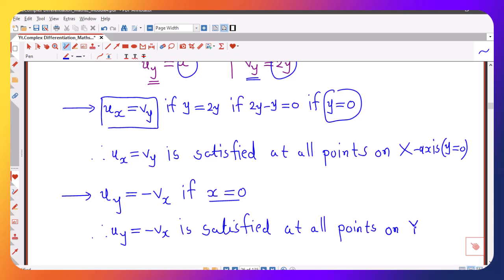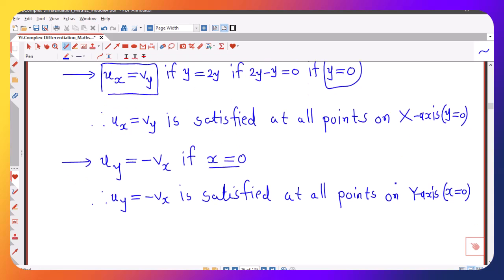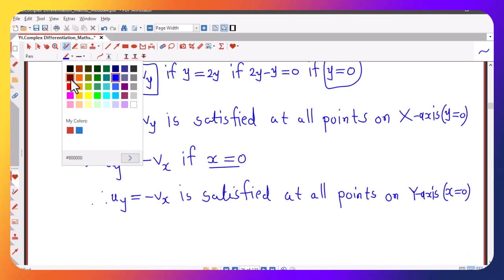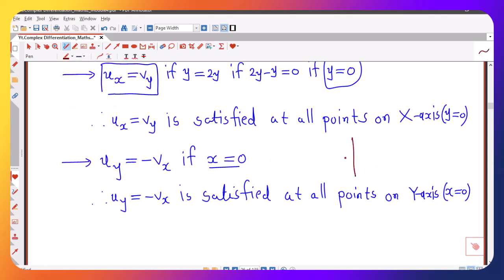We are interested in those points at which both equations are satisfied. So one equation is satisfied on the x-axis, another equation is satisfied on the y-axis, and the point at which both equations are satisfied is the origin. Origin is the only point which is on the x-axis as well as on the y-axis.